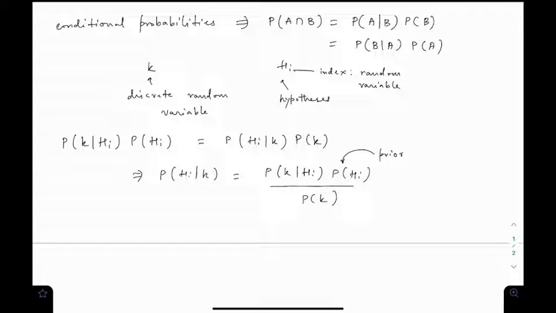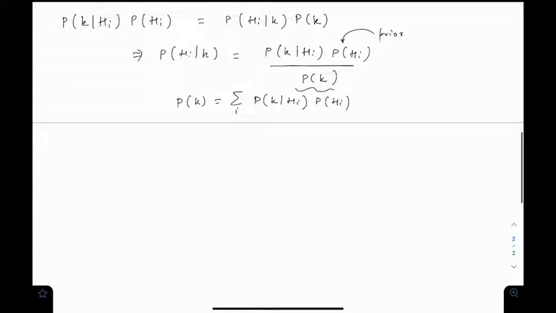Now the computation of P of K, which is the marginal distribution of K, that is the probability of a certain observation summed over all hypotheses, yields P of K equals sum over i of P of K given Hi times P of Hi. Which allows us to write P of Hi given K as P of K given Hi times P of Hi divided by the sum over all j's.